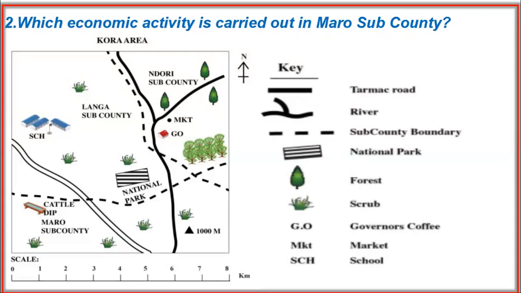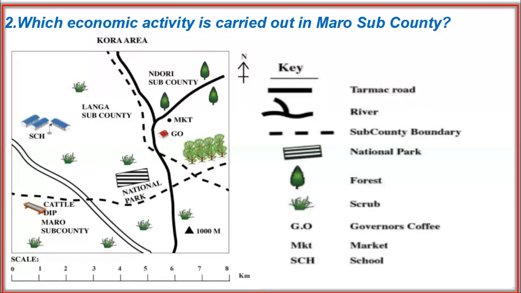Question number 2. Which economic activity is carried out in Maro sub-county? Look at this map. We have to study the map first. We have Ndori sub-county. We have Maro sub-county. We have the highest point in the map.